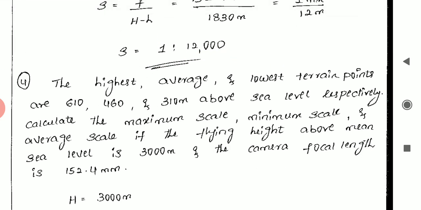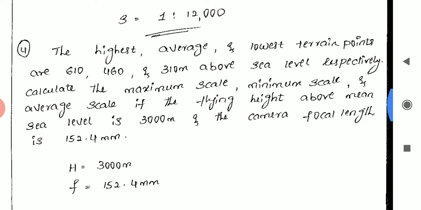Next problem: the highest, average and lowest terrain points are 610, 460, 310 meters above sea level respectively.